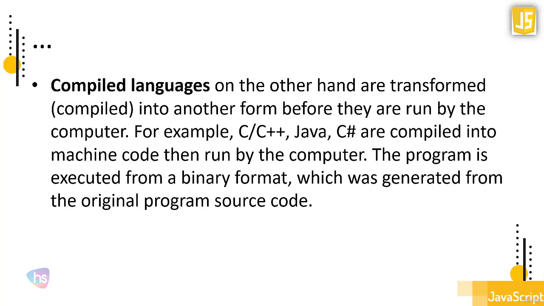Vice versa, it will be converted into user readable output and displayed. The program is executed from a binary format, which is generated from the original program source code. This is called a compiled language.